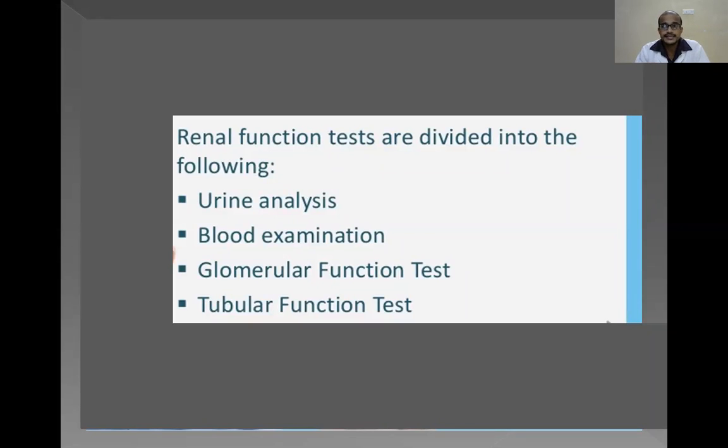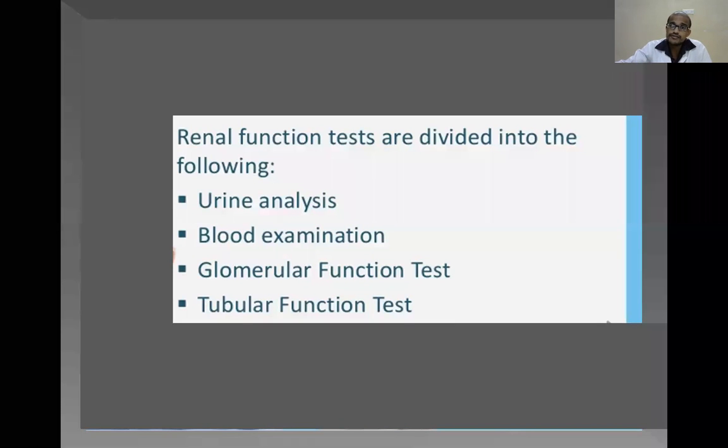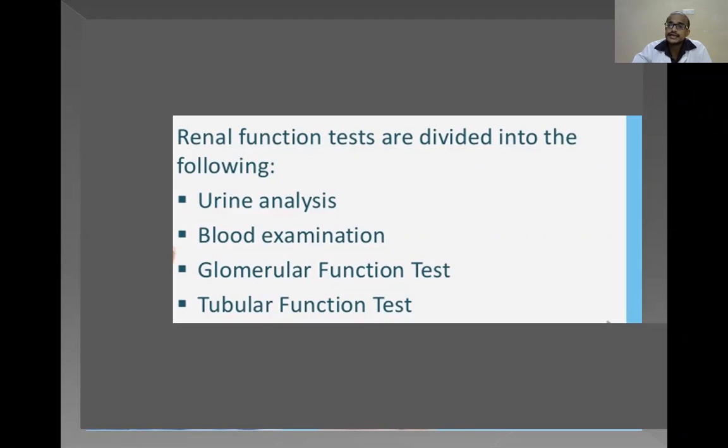The urine analysis is a broad assessment of the kidney, and blood examination is also a generalized examination. Glomerular function tests assess the filtration functioning of the kidney, and tubular function tests assess the reabsorption functioning of the kidney. So these all combined assess the complete functioning of the kidney.